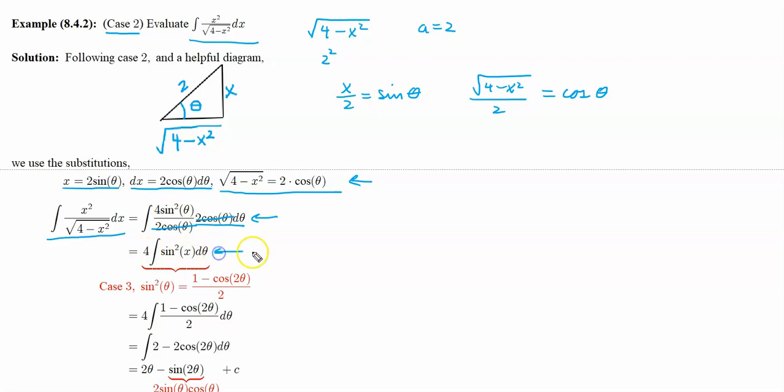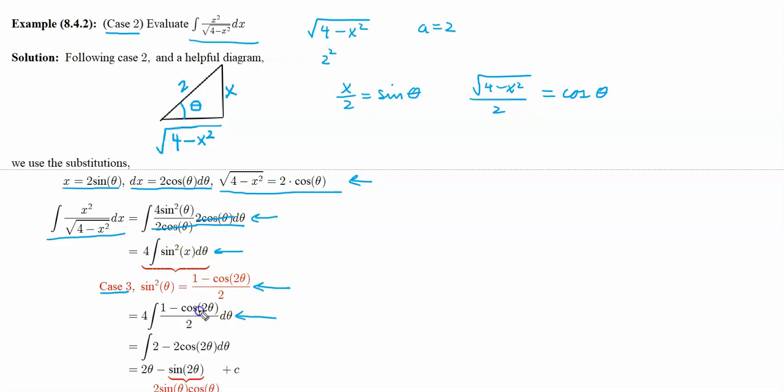All right. Now if you think back to the cases of powers of sines and cosines, this is a case 3 problem. So we have to use the substitution sine squared theta equals 1 minus cosine 2 theta over 2. So substitute this in place of sine squared theta. Right there we have it.